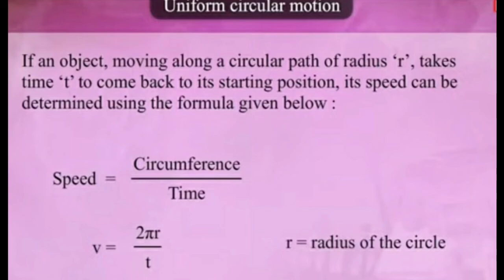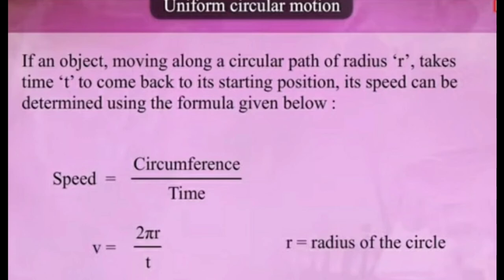Why are we taking circumference? Because it is a circular path. So speed, that is v, is equal to 2 pi r upon t. 2 pi r is the formula for circumference. So v is equal to 2 pi r upon t, where r is the radius of the circle.